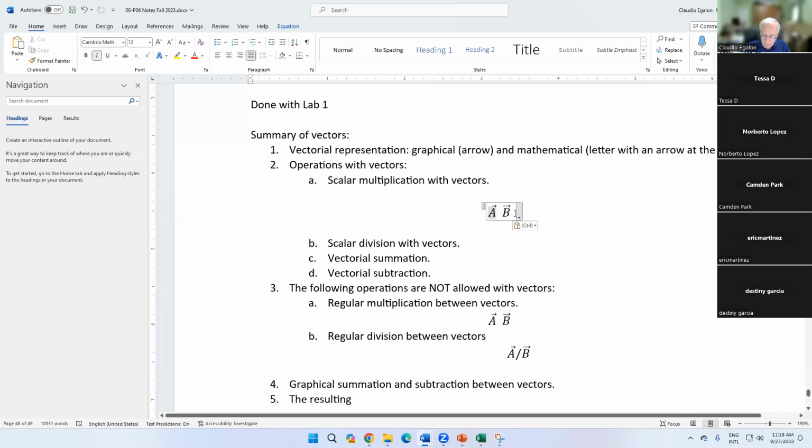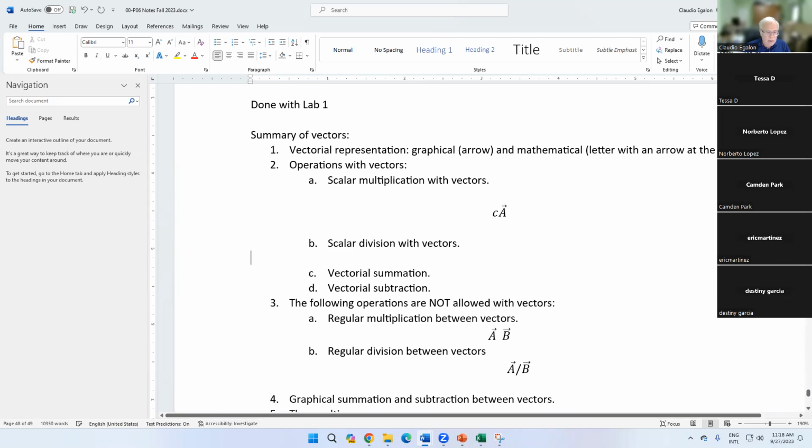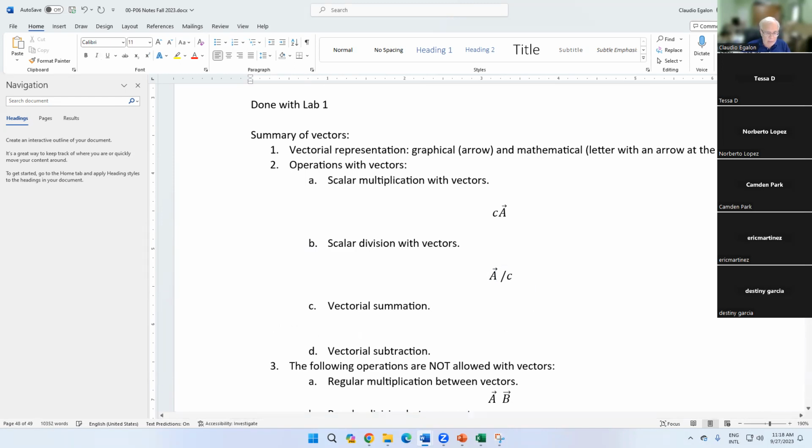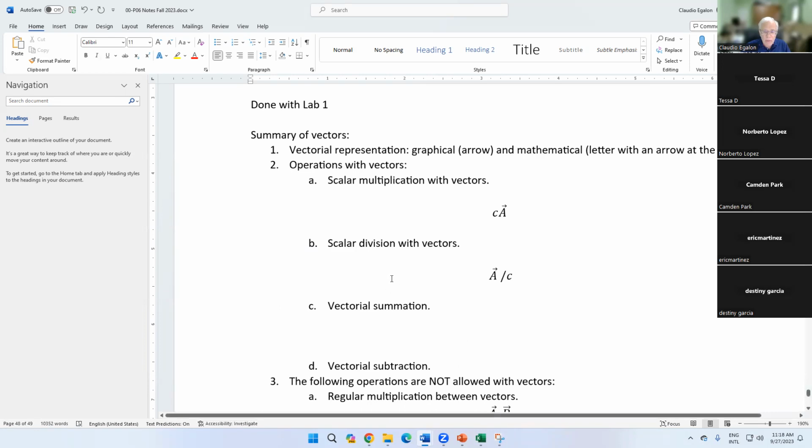I can have my scalar multiplying a vector. Okay, that's allowed. I can have my scalar dividing a vector. That's also allowed. I can sum one vector with another. That also exists.